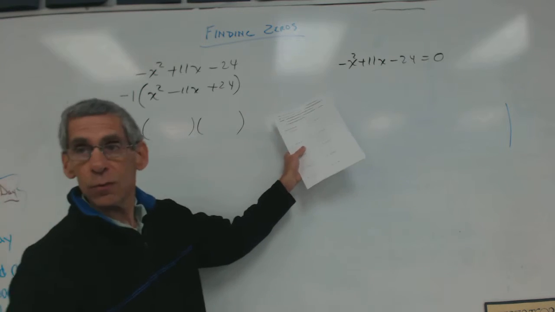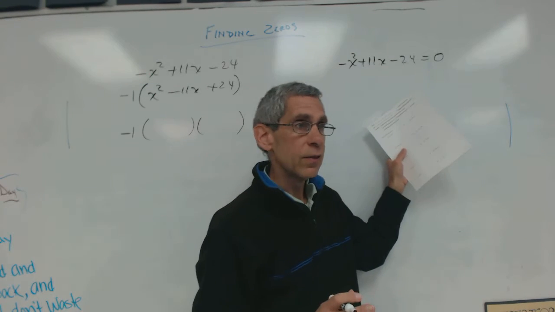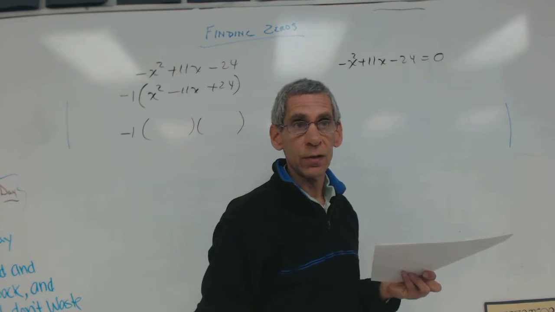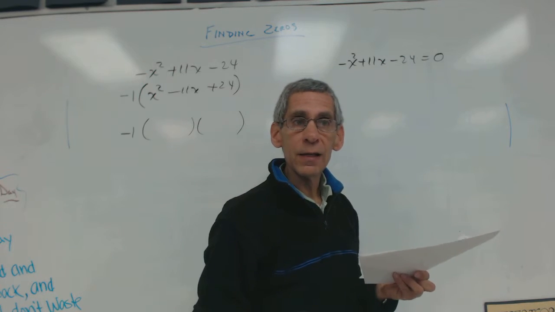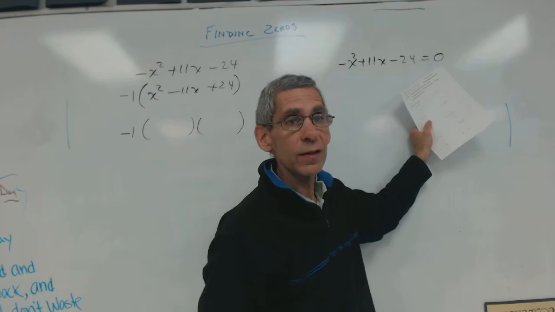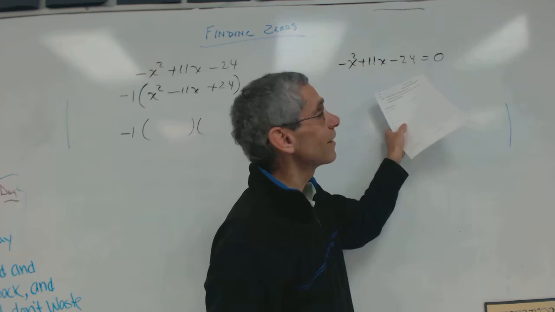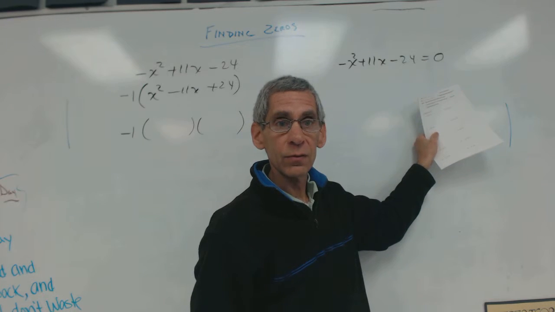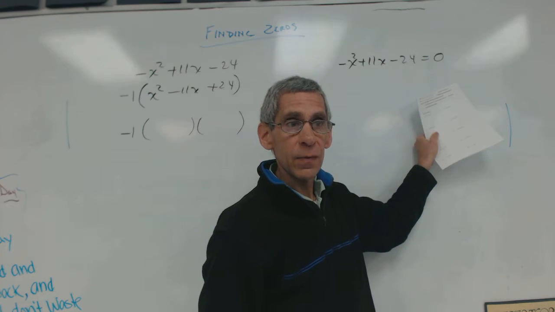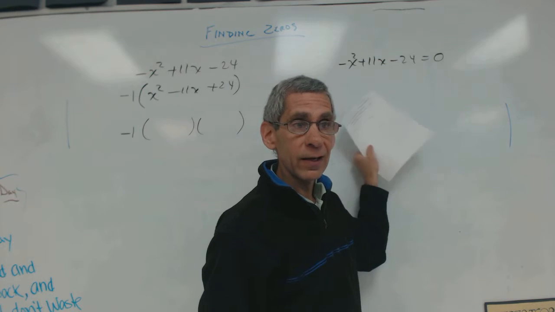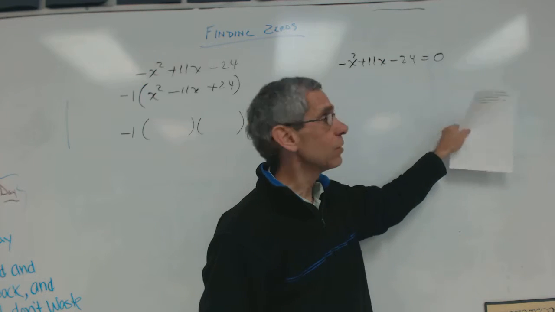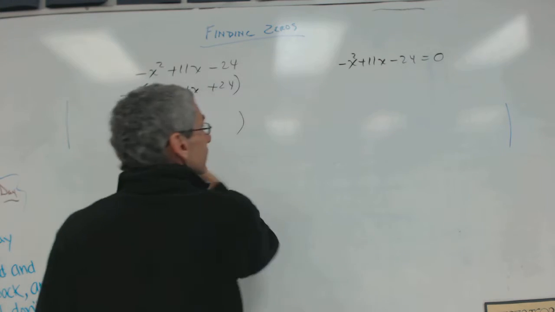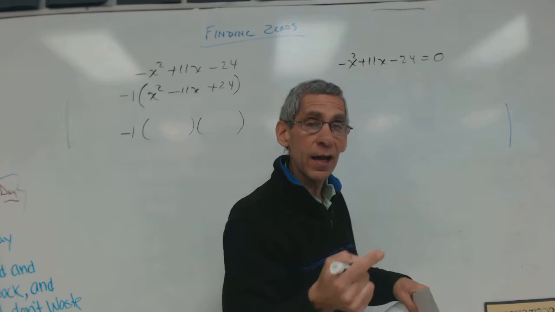Now, when I come over here, that equals 0 is a great gift. Because if I've got a 0 on the other side, I can do anything to this side and have this side stay 0. I can do any multiplying or any dividing, and this side is still going to stay 0. So instead of factoring out a negative 1 like this, I can just divide both sides by negative 1.